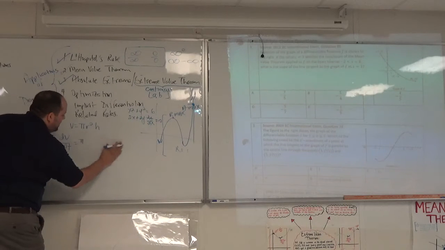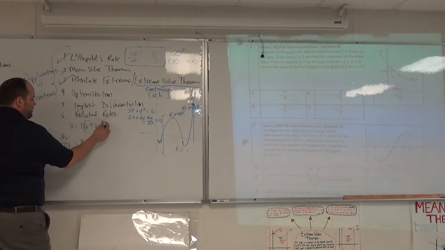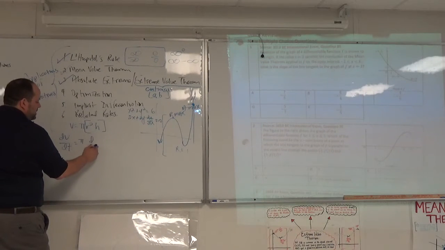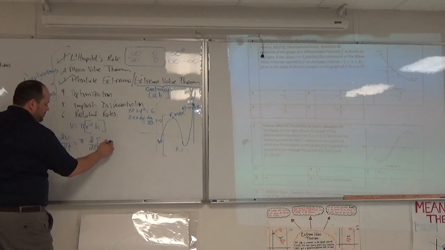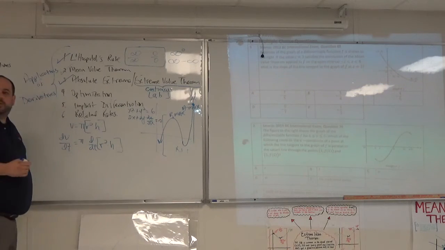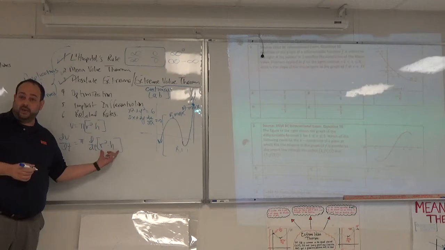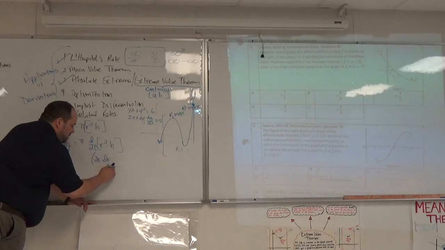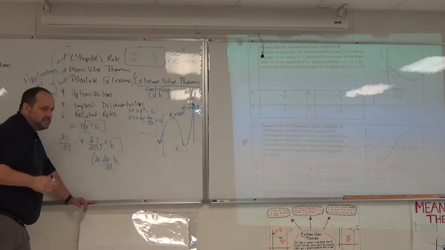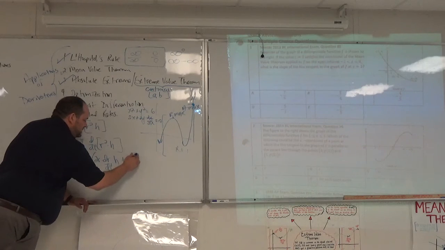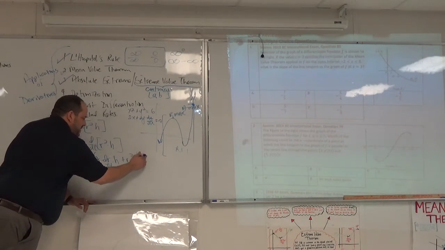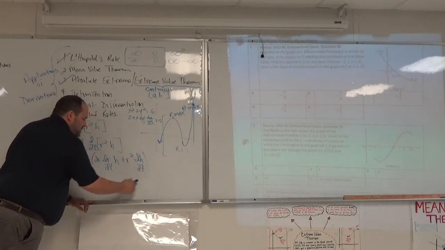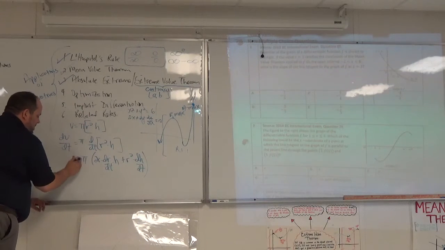So I want to back up, and I would say, okay, I know I have product rule here, so what I need is pi times the derivative with respect to t of r squared times h, and now I'm just focusing over here. The derivative of r squared is 2r dr dt times the h, plus r squared times the derivative of h, dh dt, and then we multiply by pi.